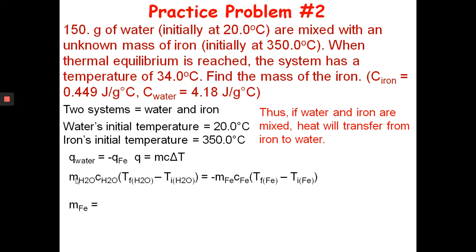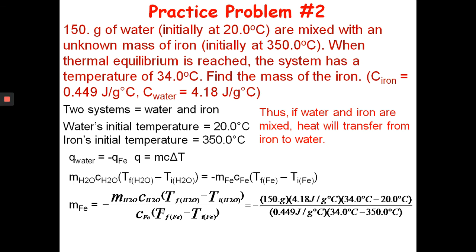Now, I am trying to calculate the mass of the iron. So I'm going to have to rewrite the whole formula in terms of mass of the iron. Using the literal equation, you find out that this is going to be the equation for mass of the iron. Once you isolate the mass of iron, then it's easy. You just plug in the numbers.